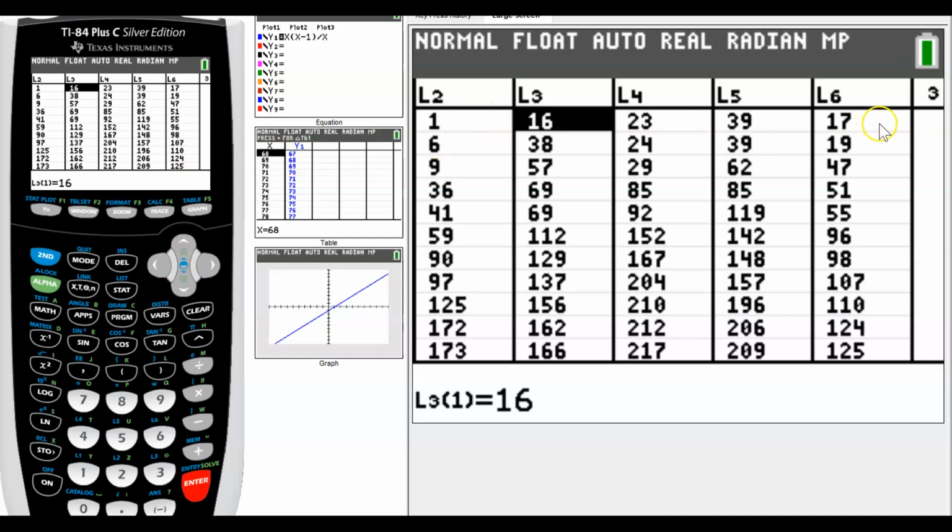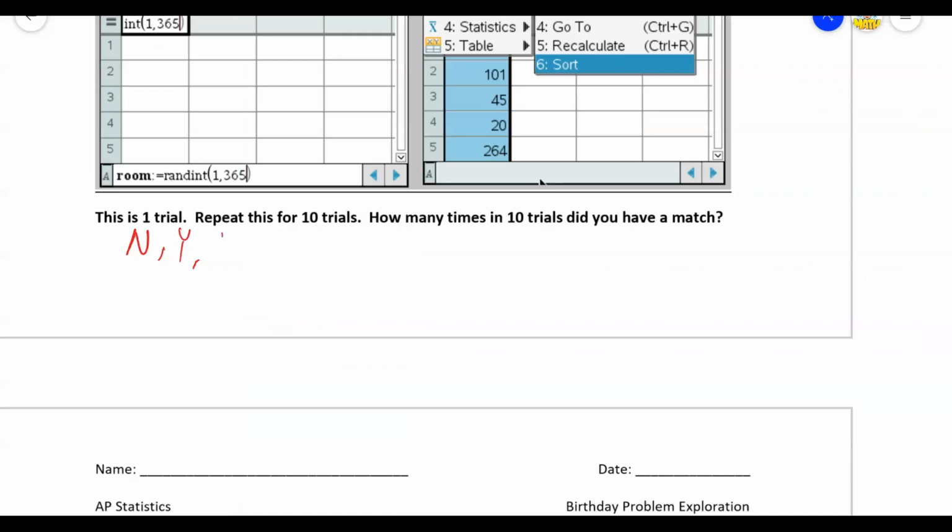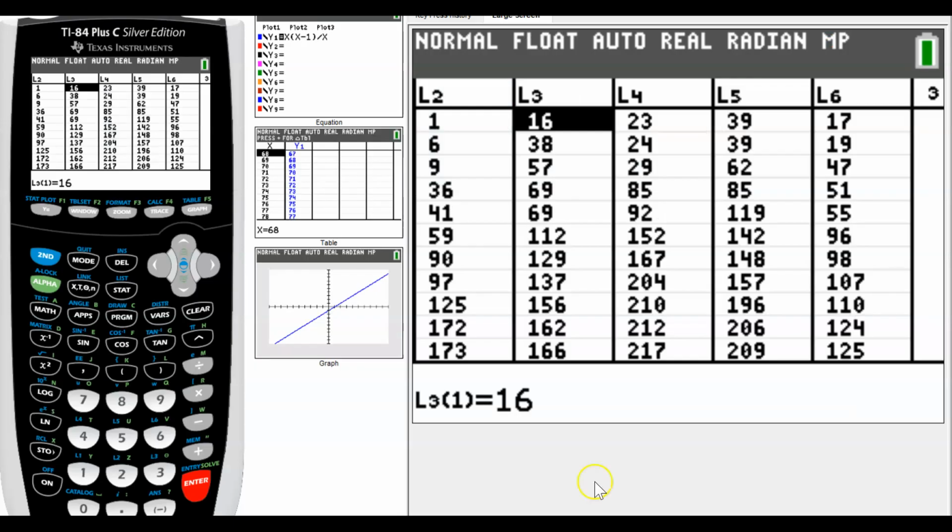So I only have 6 lists here, so we would have to add some more lists along there. But let's see. In my L3, you can see I have a match there. 2 people with the same birthday, so that's going to be a yes. Then I go to L4. I have to scroll down there to see if there's any matches. L5, I see a match right away, so we know that'll be a yes.